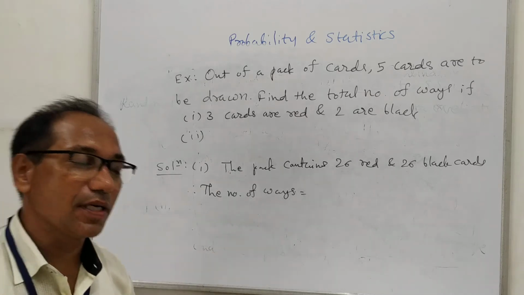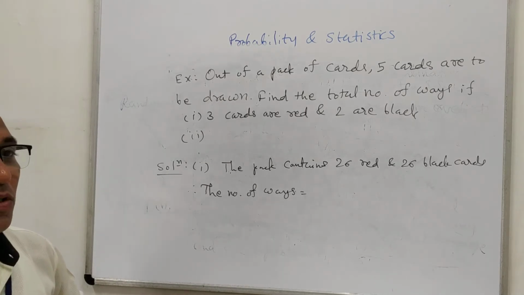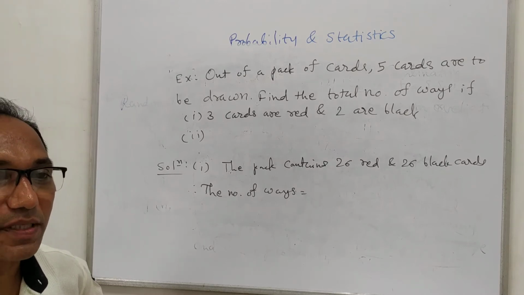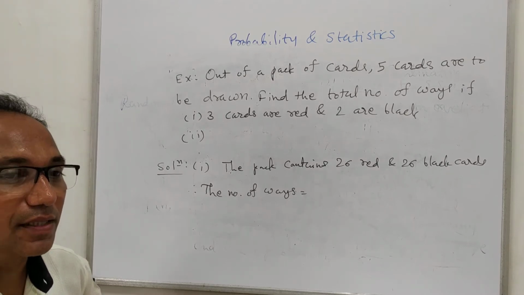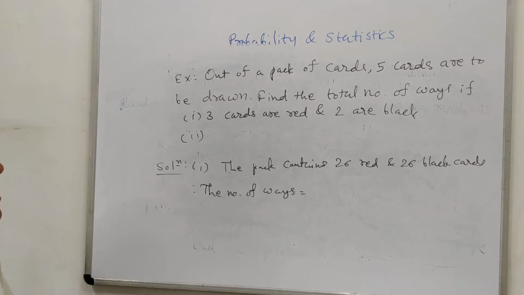That's why I have written this question, because our target was to discuss permutation and combination. In permutation, as I told you, both selection and then arrangement are required. And you can see in this question that it is not a question of arrangement, only of selection.